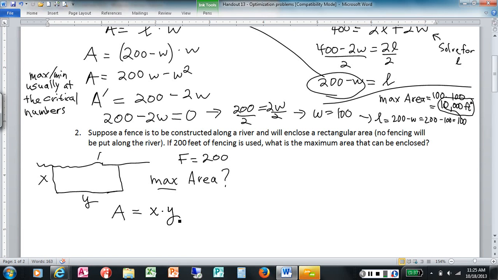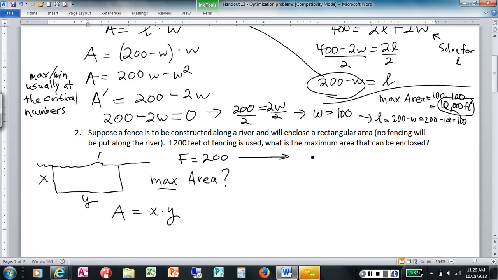And I want to maximize that, so I want to find the critical numbers, which means I want to find the derivative. But what's the problem here again? Two variables. So I want to get rid of one of the variables if I can, the x or the y.